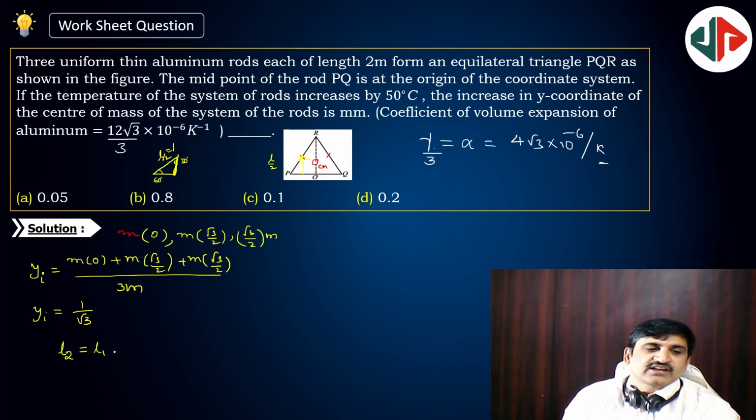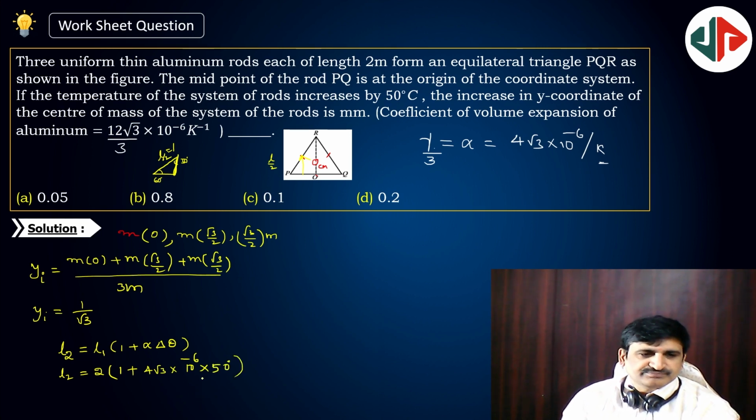L2 equal to L1 of 1 plus alpha delta theta. L1 is 2 meter, 1 plus alpha value 4 root 3 into 10 power minus 6 into delta theta. How many degrees it has raised? 50 degrees Celsius. So it is 2 into 1 plus 2 root 3 into 10 to the power of minus 4.